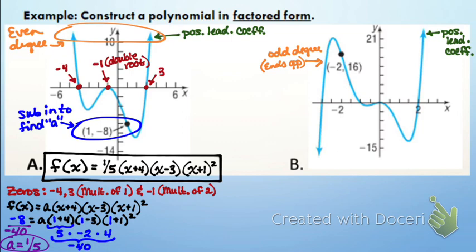What are these zeros that we have here? We have 2, 0, double root here. What else? -1.